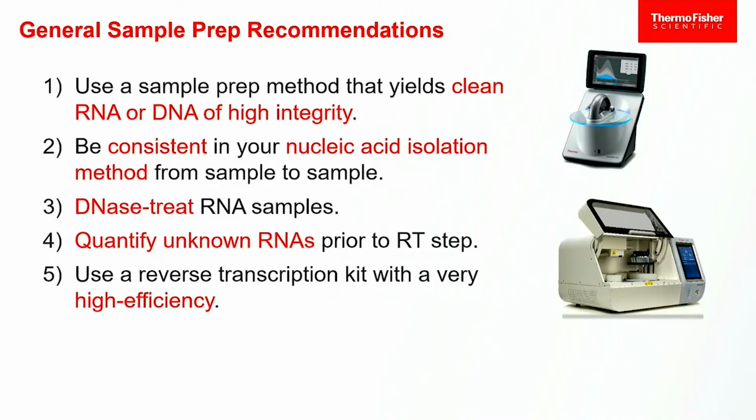We can also take our samples through nucleic acid purification, molecular spin columns, or magnetic particles, or just a good old-fashioned organic extraction. If you treat with DNase when you're working with RNA samples, you have a higher chance of reducing your RNA degradation, so consider that.